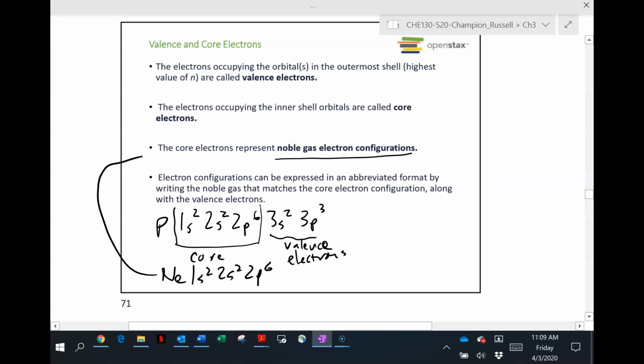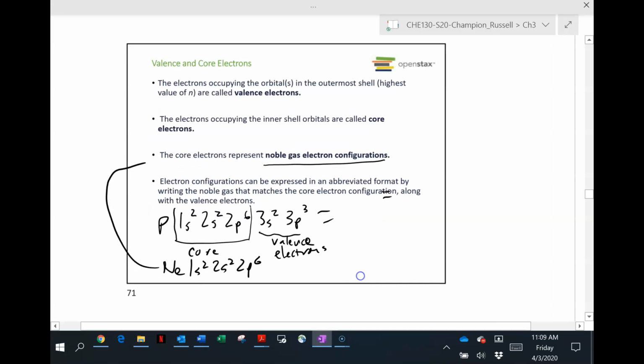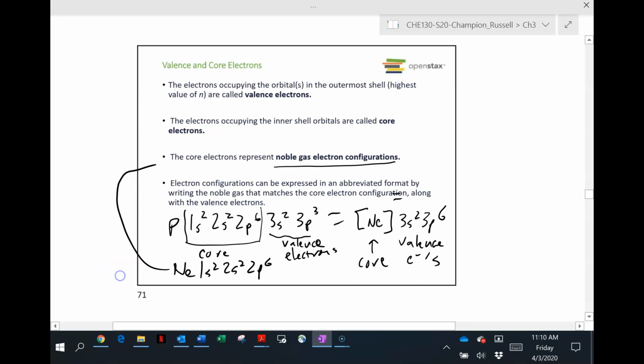In fact, we can shortcut this to be bracket Ne 3s2, 3p3. So we're representing the core electrons using the noble gas abbreviation, and then we have just the valence electrons here. And it turns out these are the ones that really matter. The valence electrons are the ones that matter in terms of predicting reactivity.